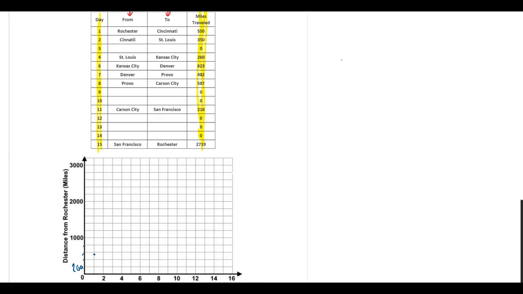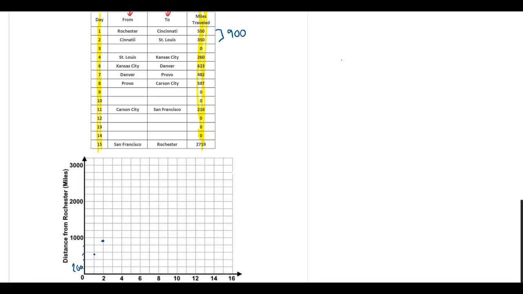What gets tricky here is on day 2, we drive another 350 miles, which is going to be a total of 900 miles from Rochester, assuming that we've continued to drive away from Rochester. So on day 2, I should be 900 miles away.